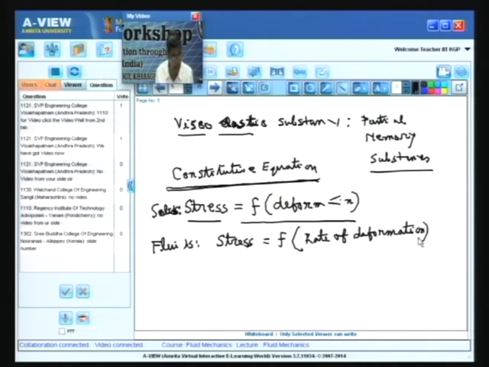That is the reason the constitutive equation for fluids is defined as stress as a function of rate of deformation, whereas for solids it is stress as a function of deformation, since the solid resists the stress with finite deformation under static equilibrium. So, these are in short the differences between solid and fluid from the viewpoint of mechanics.